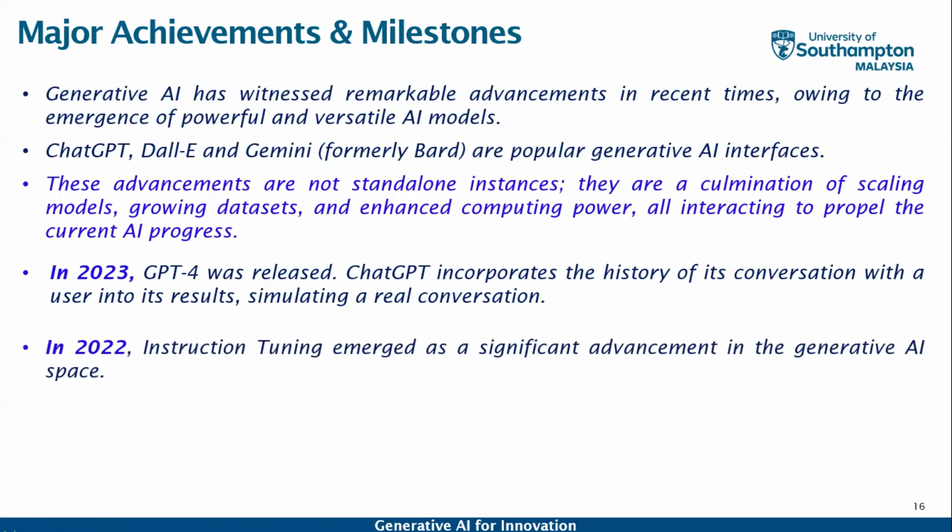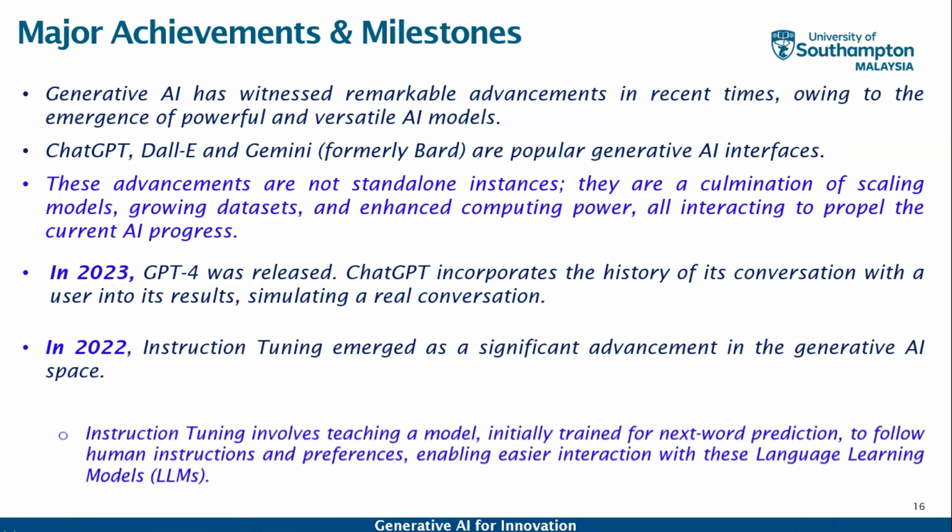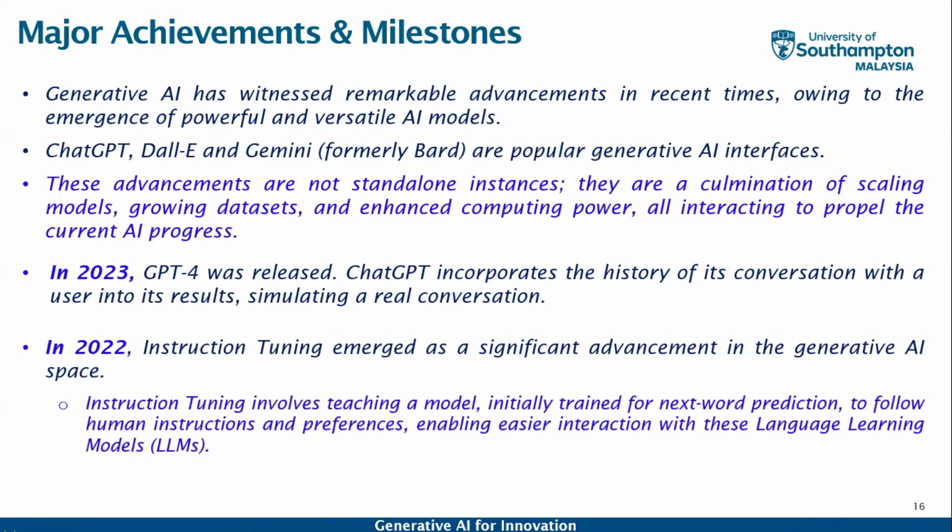In 2022, instruction tuning emerged, a significant advancement in the generative AI space, and they initiated in 2023. Even the LLMs started tuning with the help of the same model. Even now we are using it, right? In many companies now they are directing towards language models.